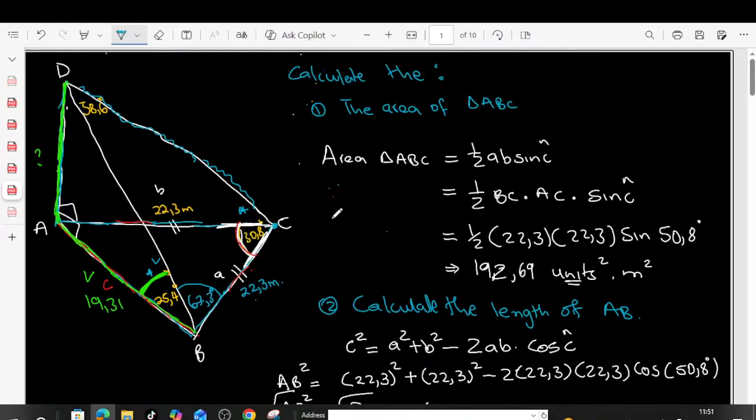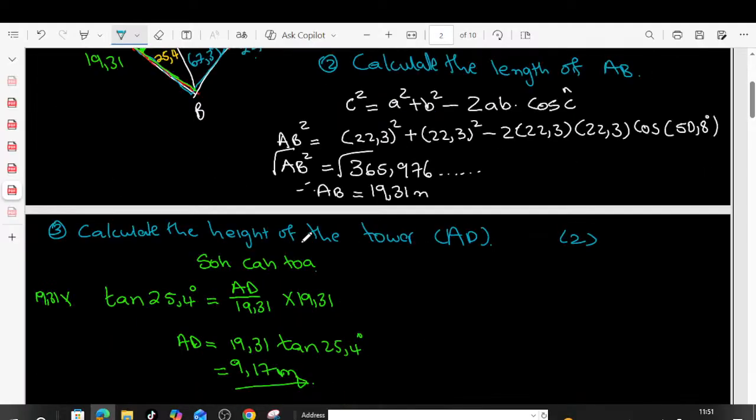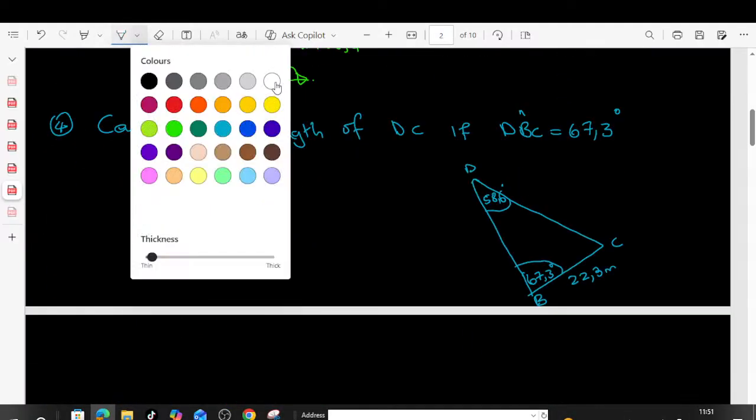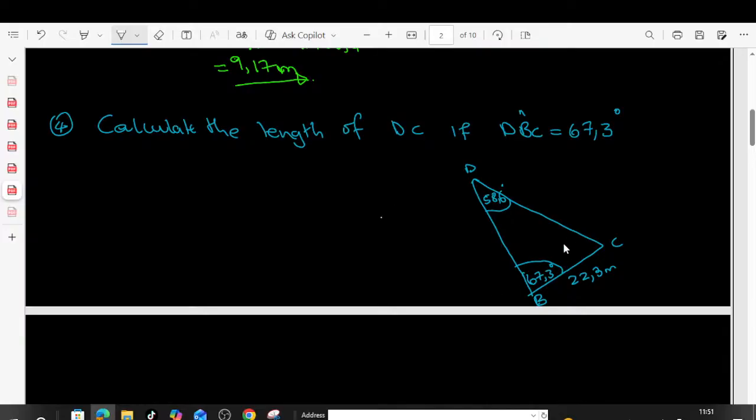Do you have the length of the line DB? Nope, we don't have DB, we are looking for DC. I'm just going to name my sides like this. Please pay attention. The side opposite to this will be small b, the side opposite to that will be small d, and the side opposite to this angle will be small c.